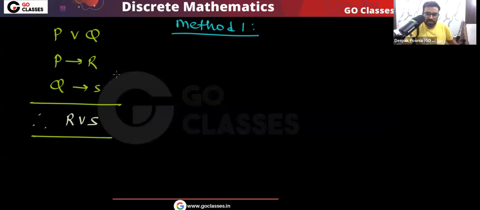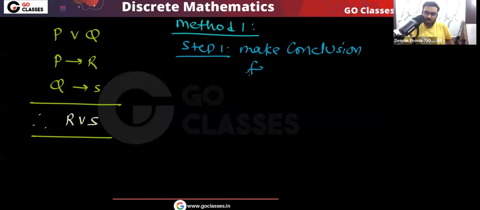Then we will also see the method number two, that is logical interpretation. Okay, so method number one, first step one, you make conclusion false. Let's make conclusion false. So to make this conclusion, R or S, false, what I need to do?